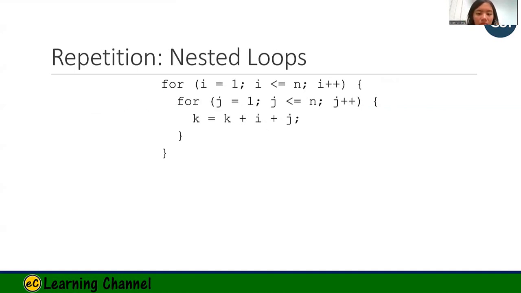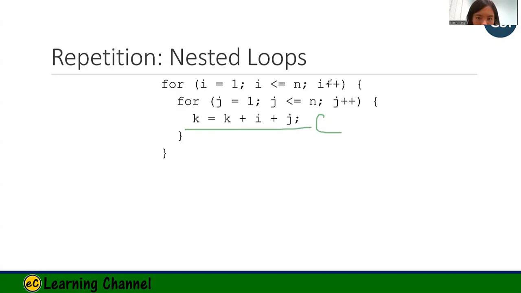How about this one? How much time is needed for this one? Again, let's assume this one takes C time.